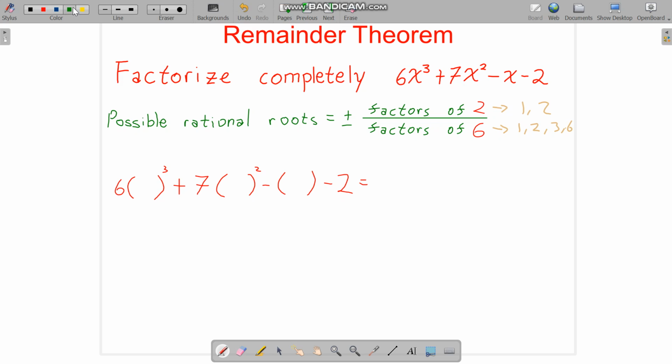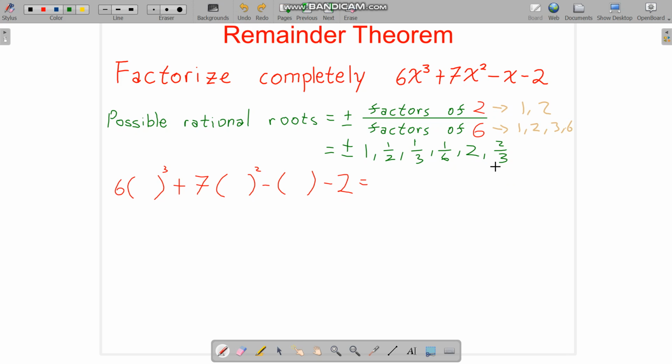So this means the possible rational roots can be 1 divided by 1, which is 1, 1 divided by 2, 1 divided by 3, 1 divided by 6. Now 2 divided by 1, 2 divided by 2 is 1, no need to write it down twice. 2 divided by 3, 2 divided by 6 is 1 over 3. So we have 1, 2, 3, 4, 5, 6, 12 possible rational roots.